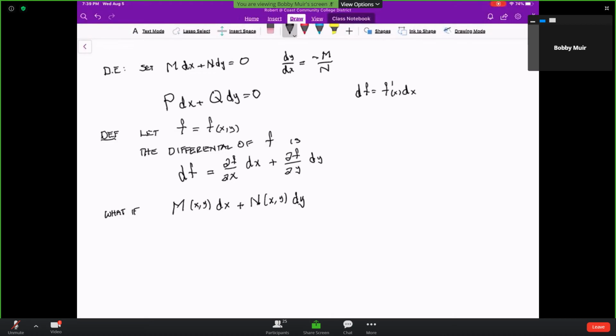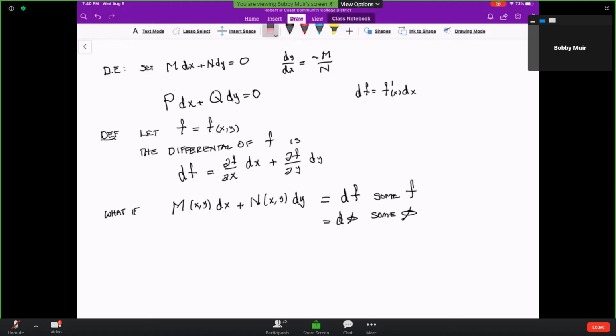So what if this equals df for some f? In the 285 class, the book I use, we have this Greek letter being used.